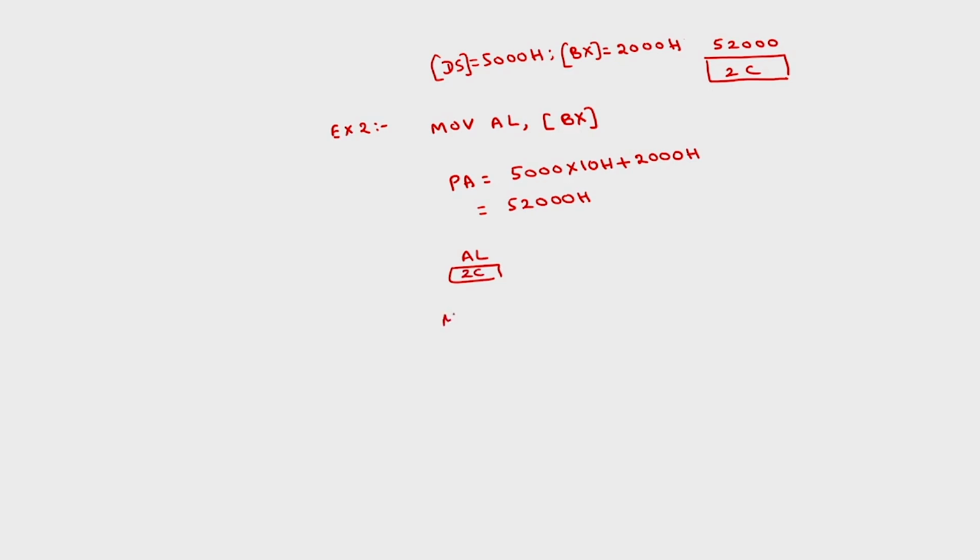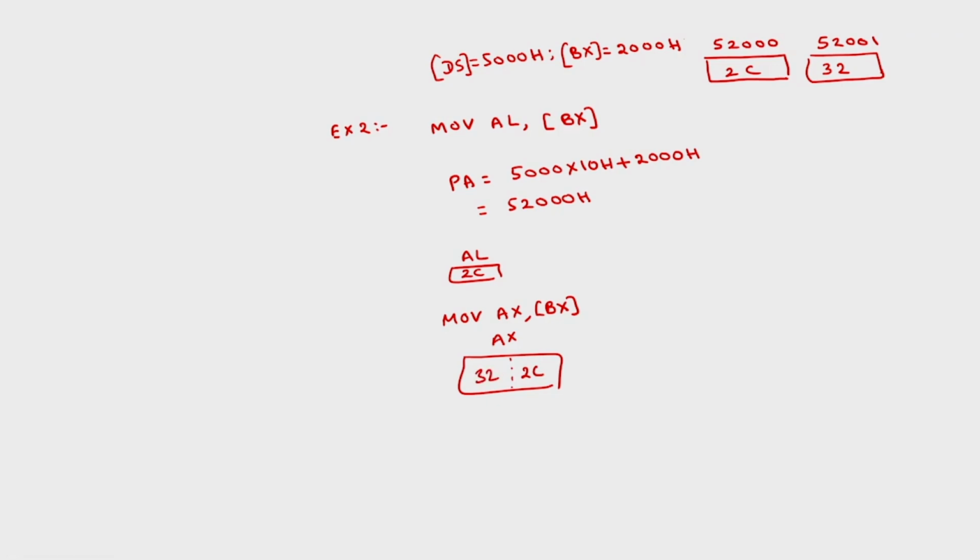Suppose I write MOV AX, [BX]. If the contents of the next address, 52001, is some value 32, then after this the contents of AX becomes 2C as the lower contents and 32 as the contents of AH.